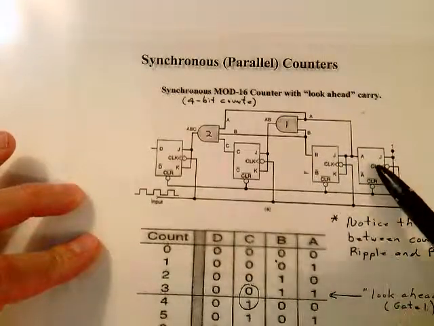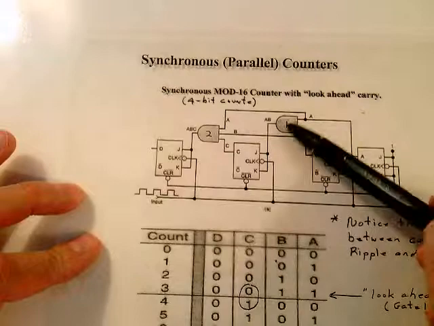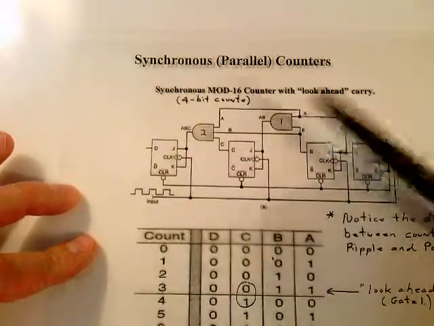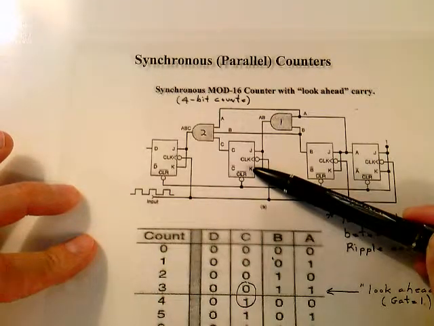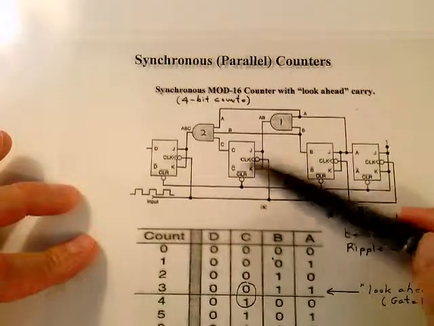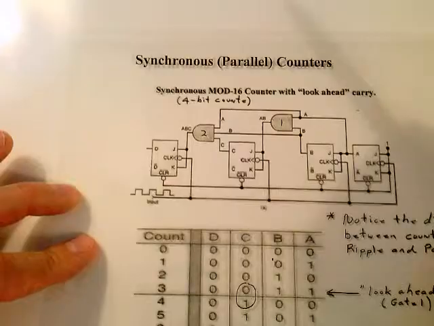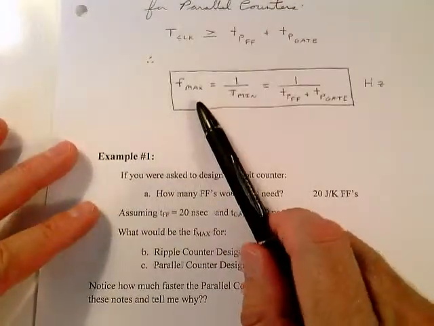These may toggle. You just have to account for one of these toggling or all of them toggling, and one propagation time of a gate, because this is your setup time, the time it takes to set up these gates, to get these inputs ready. So this is your equation for maximum frequency for a parallel counter.